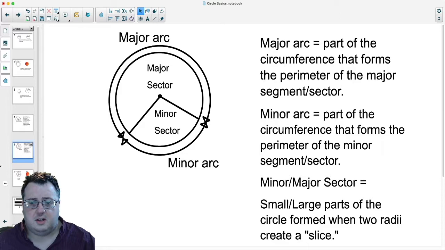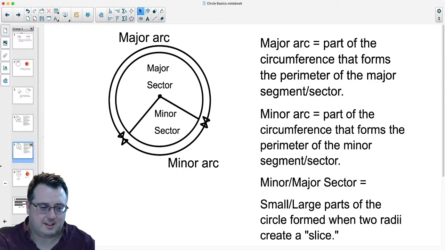Sectors. Sectors are small or large parts of the circle formed when two radii create a slice. The way I like to teach this is if you imagine a circular cake and you cut a slice in that cake, but then you decide you'll give the minor slice away and you'll take the major slice, the rest of it, for yourself.